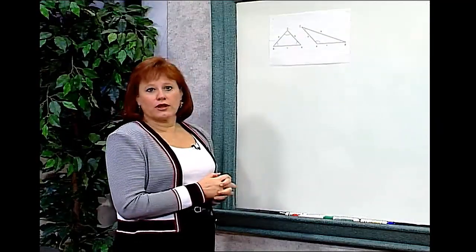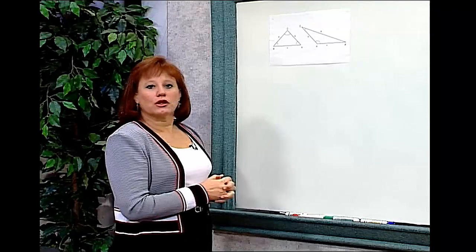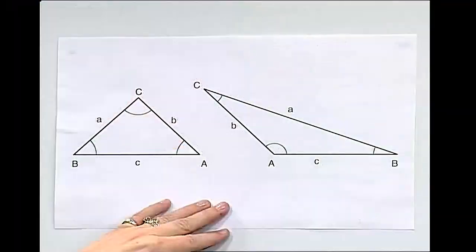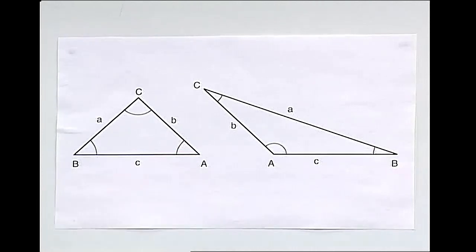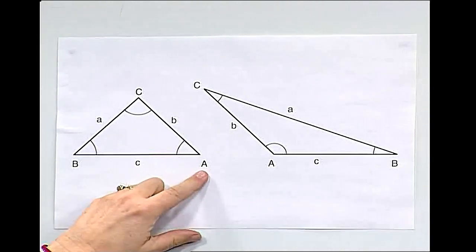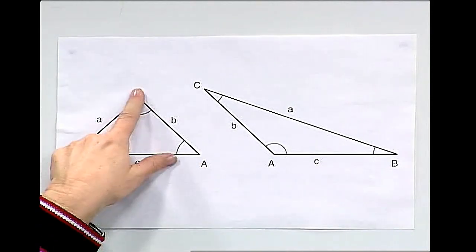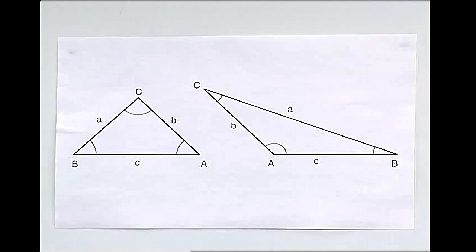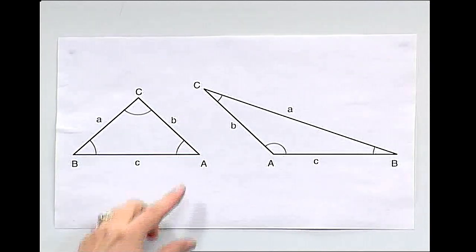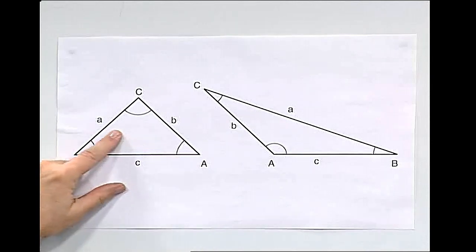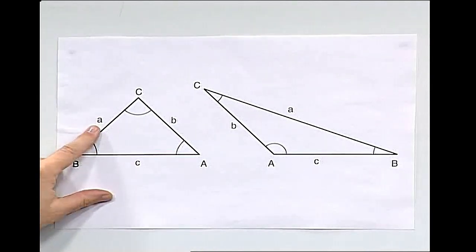The most important thing when using these laws is to make sure that you have labeled your triangles correctly. It doesn't matter how you label the vertices on the triangles. What's really important is how you label the sides. We have randomly labeled the vertices of the first triangle in a clockwise direction as A, B, and C. When you go to label the sides, locate an angle, such as angle A, and go across the triangle to the opposite side, where you will label the side with a lowercase a.